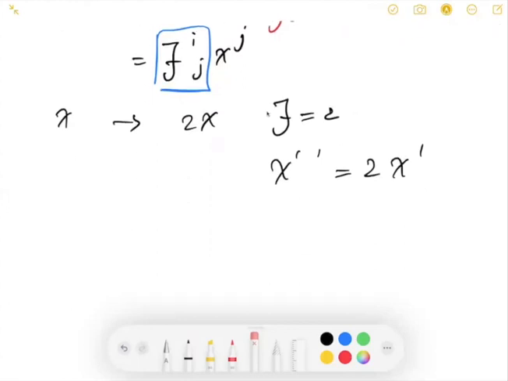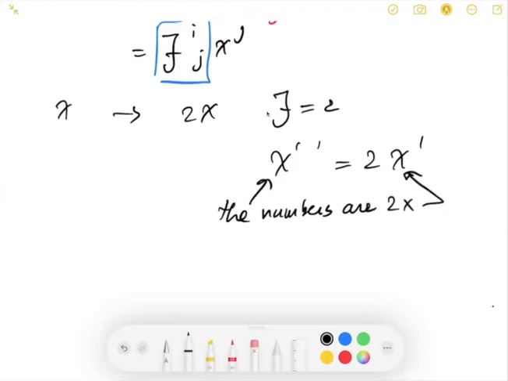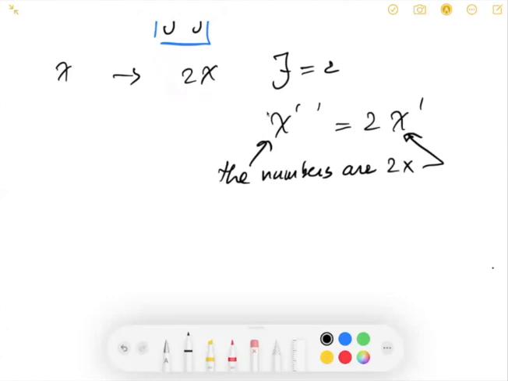Okay, what does that mean? Well, that means that the numbers here and the numbers here are 2 times this. Hang on, I'm mixing up my, this is a 1.